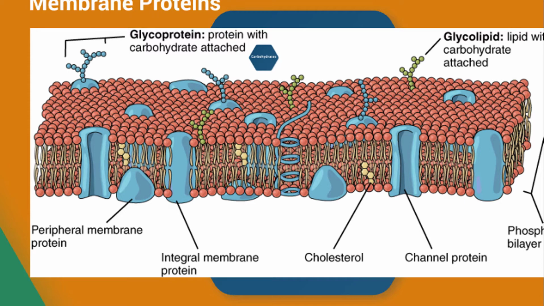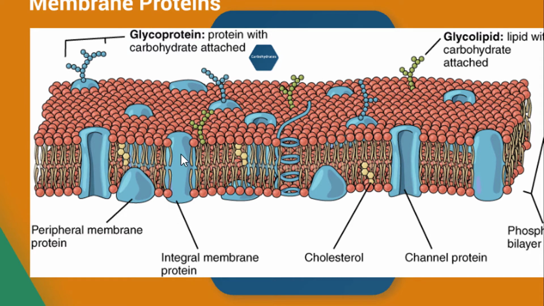Two different types of proteins that are commonly associated with the cell membrane are the integral proteins and peripheral proteins. As its name suggests, an integral protein is a protein that's embedded in the membrane.